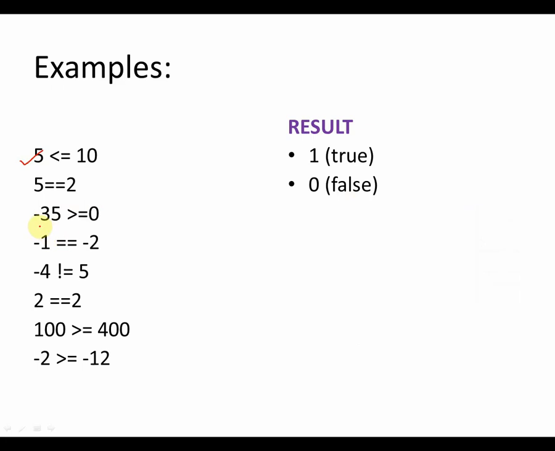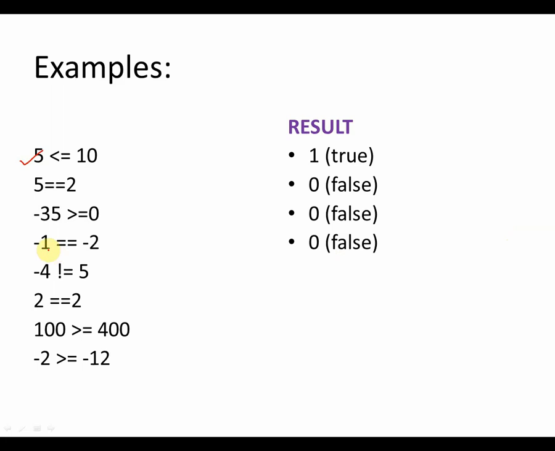The next is minus 35 greater than equal to 0. In this case also it is false because on the number line minus 35 is less than 0. The next thing is minus 1 equal to minus 2.